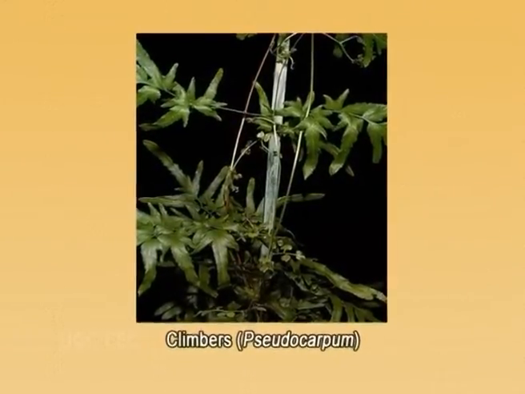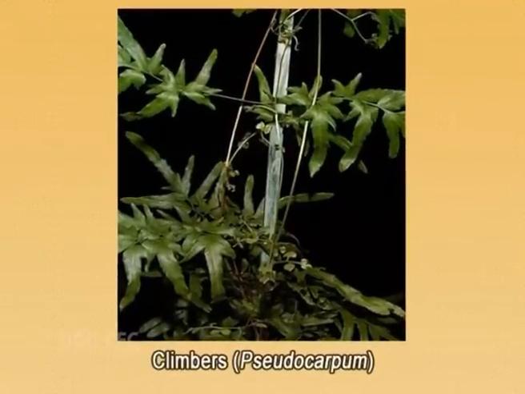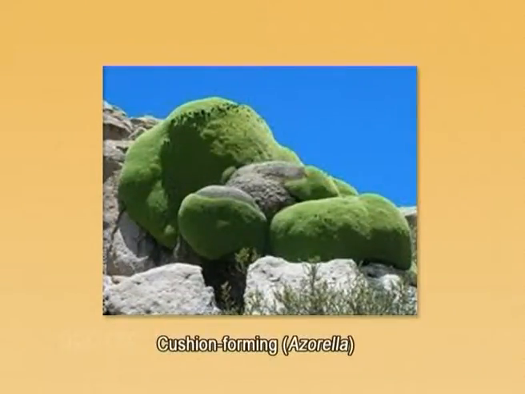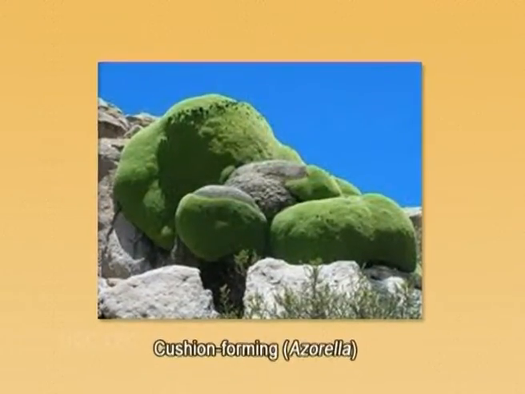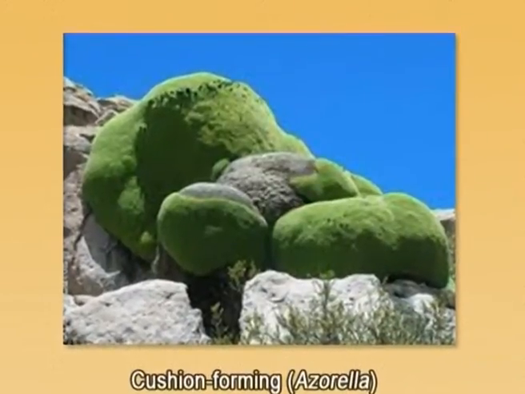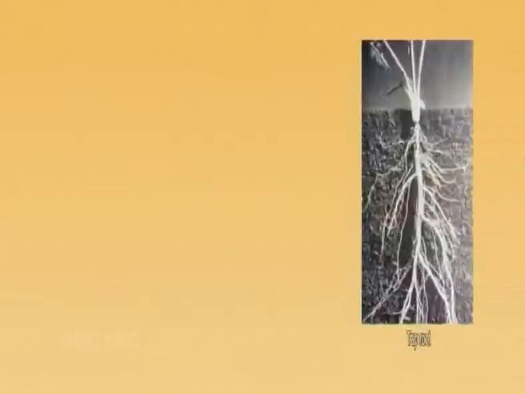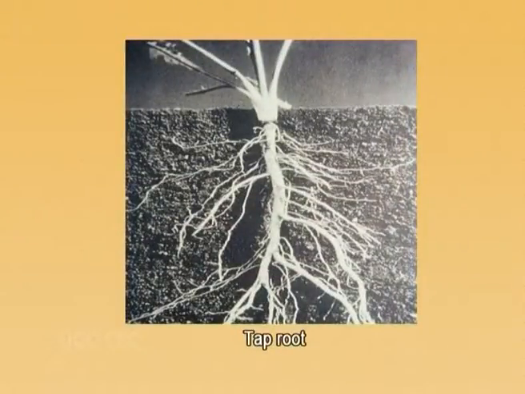They are climbers. An example is Pseudocarpum. Or we can have some members which are cushion forming. Example is Azorella. Now the root, as it is a dicot, here the root is a typical taproot system.